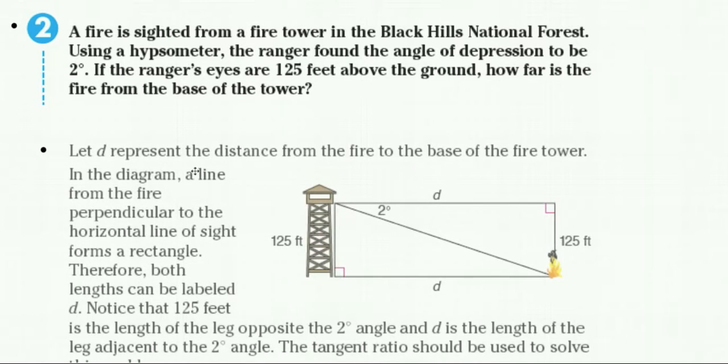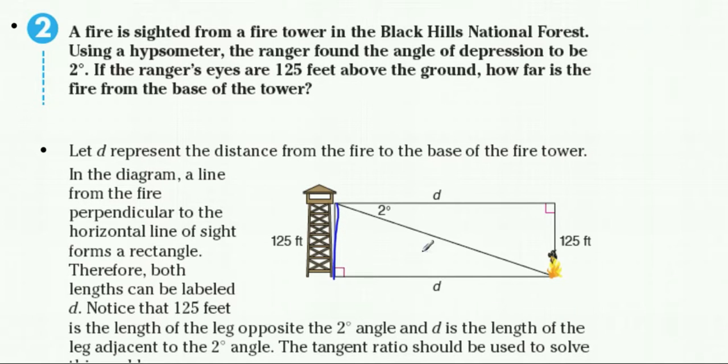So this is what's happening. We let D represent the distance from the fire to the base of the tower. So this is the distance. If this is where the ranger saw the fire, D is the distance. In the diagram, a line from the fire perpendicular to the horizontal line of sight forms a right angle. This is basically what it's saying.